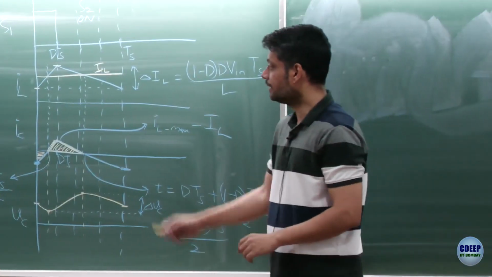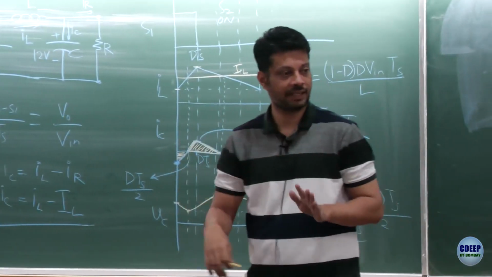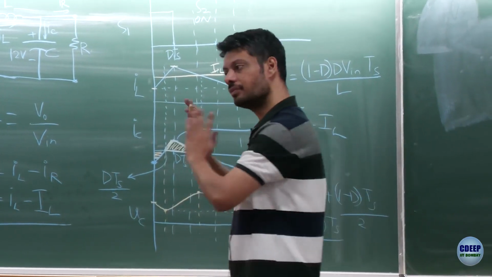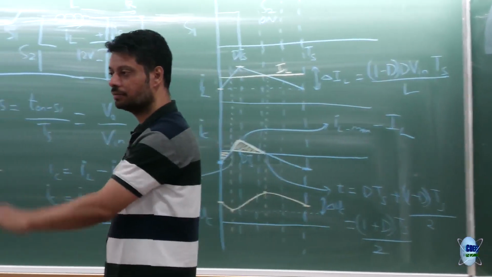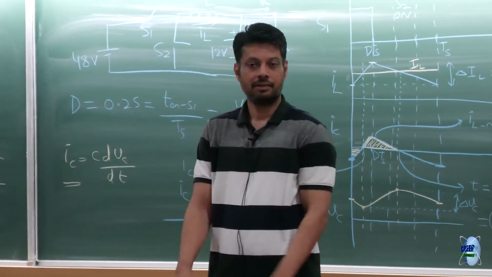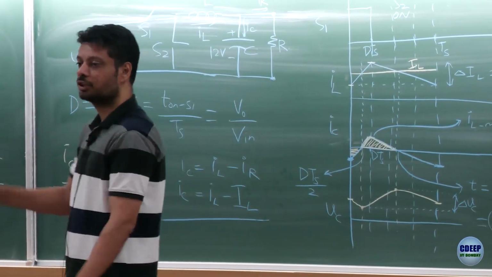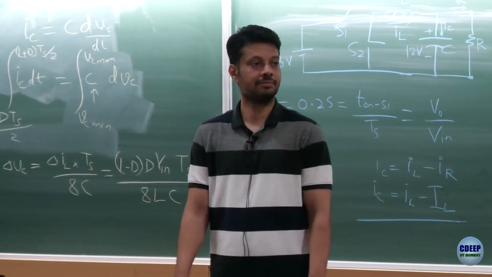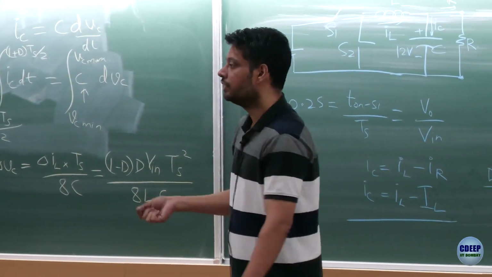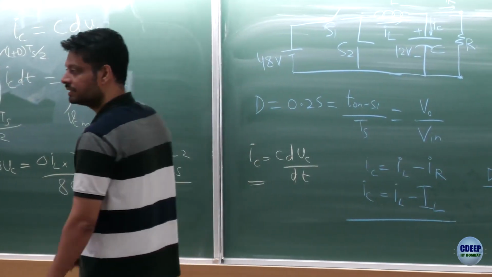Now tell me one thing. If now you have designed it as per the spec, this guy wanted 1%, got it to 1%. You have given it to the vehicle manufacturer. Let's say the vehicle manufacturer puts this in the vehicle and turns on the horn. Now will your output voltage ripple still be 1%?